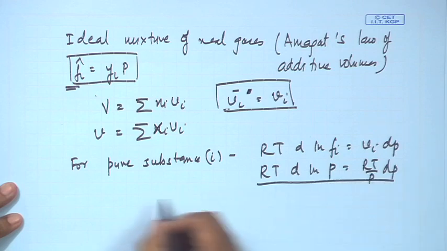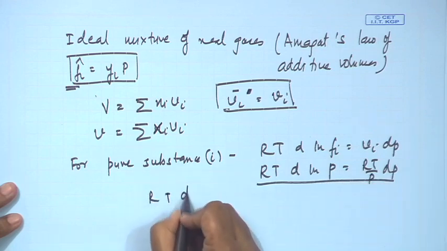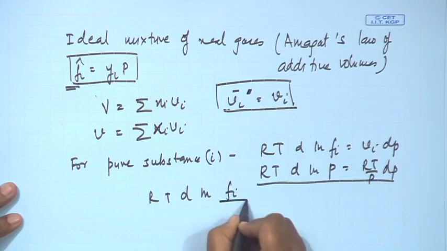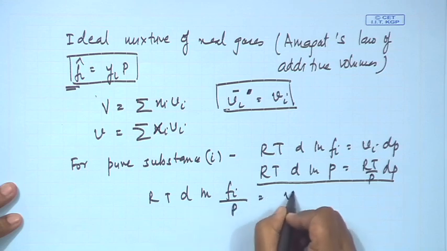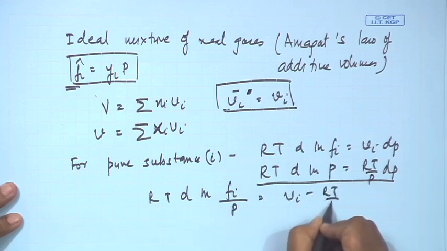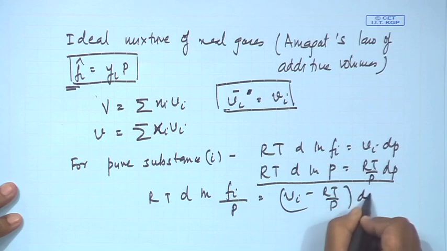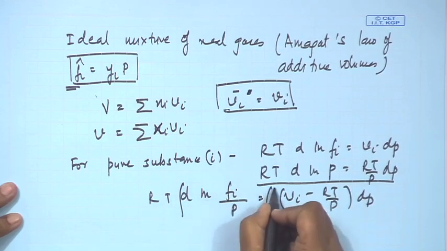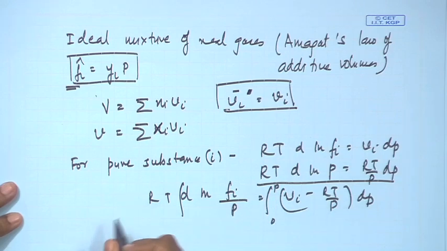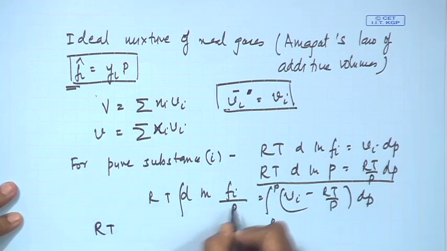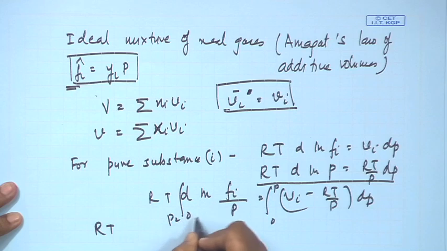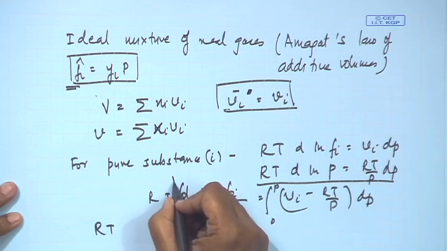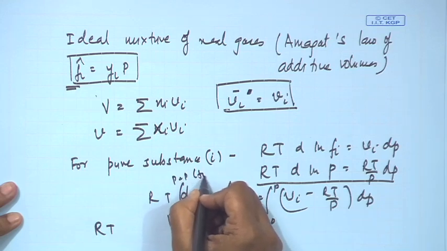On subtracting, what do we get? RT dln Fi by P equals the integral of Vi minus RT by P dP. This integration is from P equals 0, where Fi equals P, to P equals P, where the value is Fi.